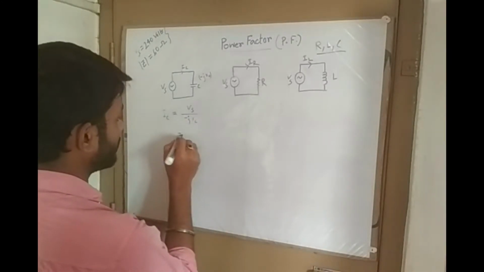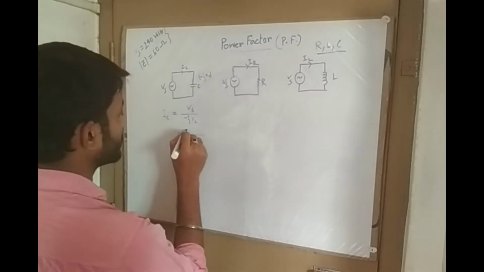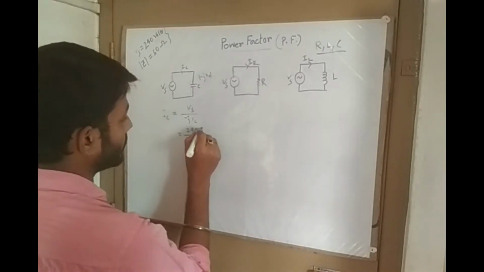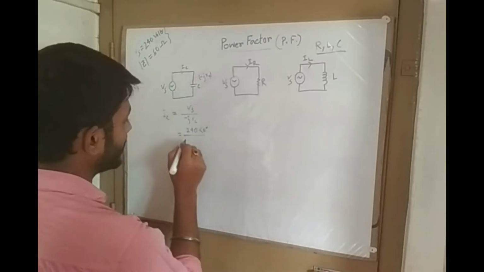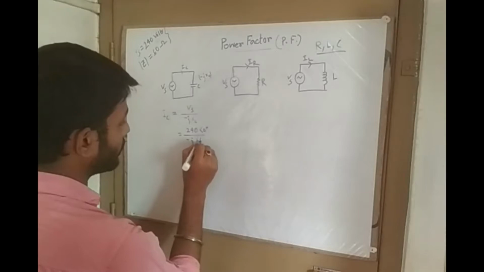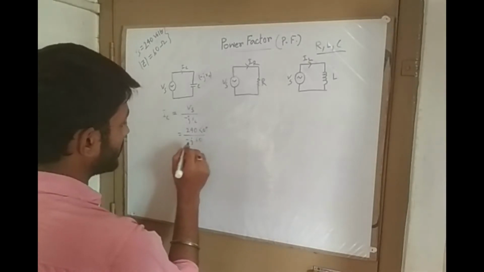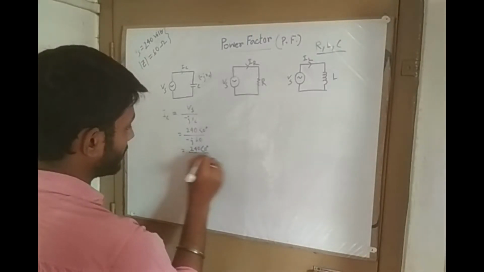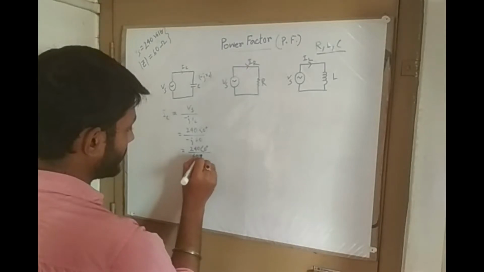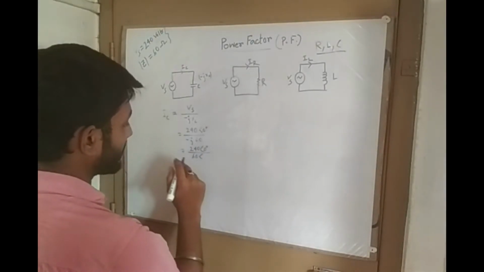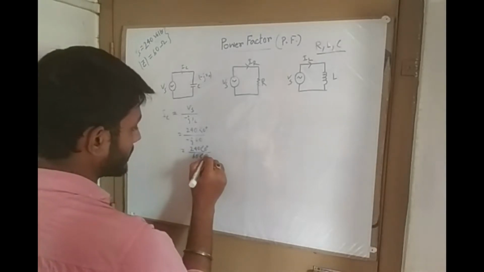If we put in the values, Vs equal to 240 volt, we can take the angle as 0 degree. Minus j, Xc value is 60 ohm, so 240 angle 0 degree divided by 60 angle minus 90 degree.